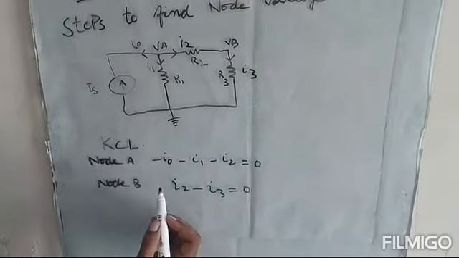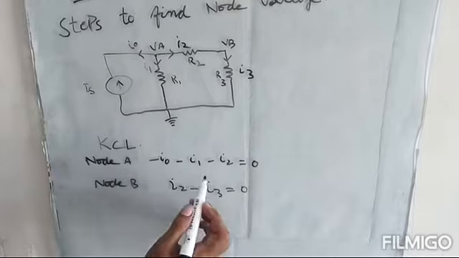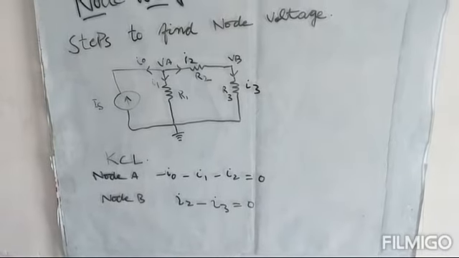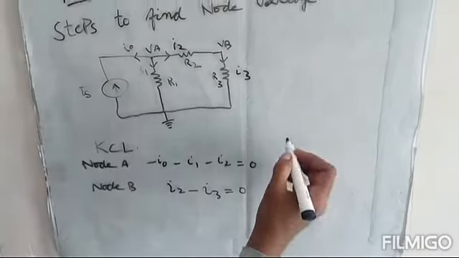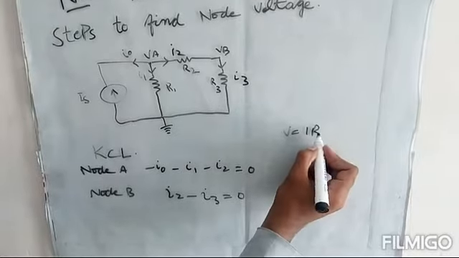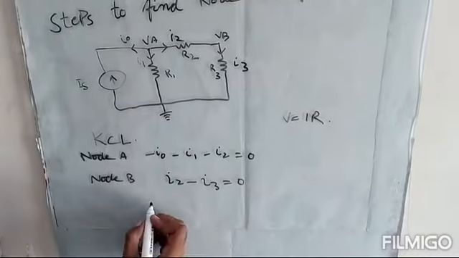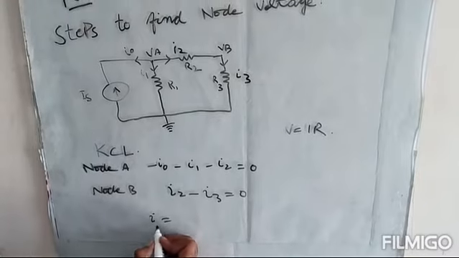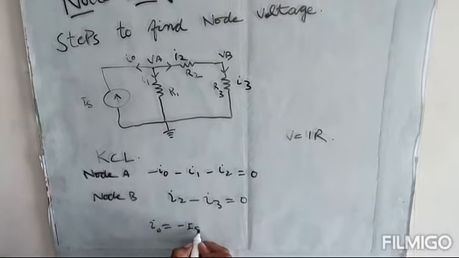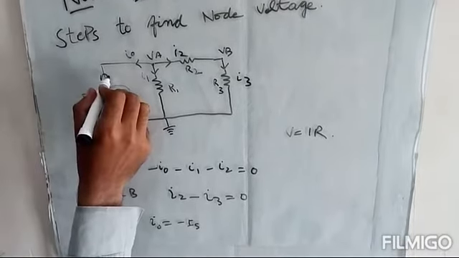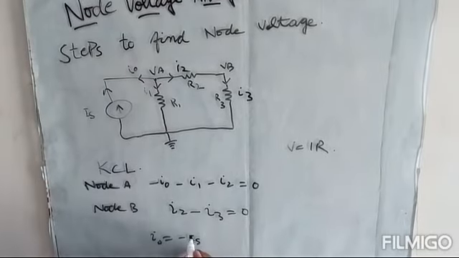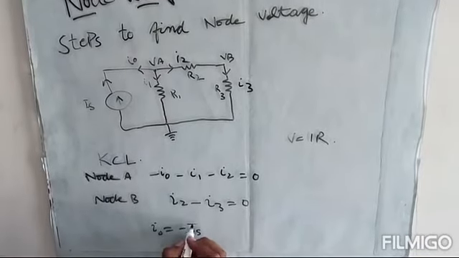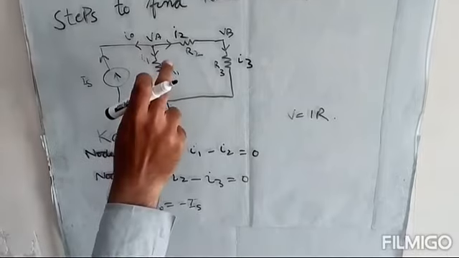Now we will find the value of these currents in the form of voltage using Ohm's law. V is equal to IR. So I0 is equal to minus IS, because the source current is in this direction and I0 is in the opposite direction, so I0 is equal to minus IS.